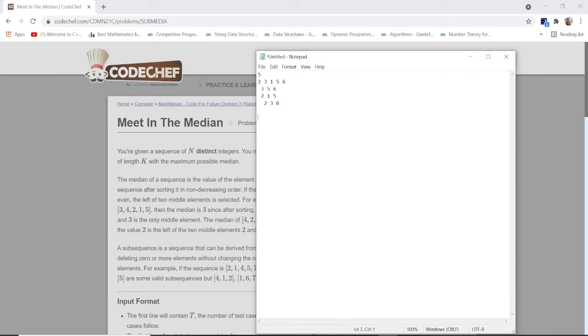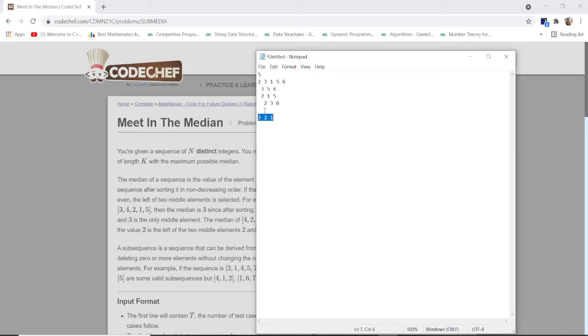Suppose I take 3, 2, 1. This is not a subsequence of this array because it is not maintaining the order: 3 comes after 2 in the array, but in this case it appears first, before 2, so this is not a subsequence. A subsequence must maintain the order. So I hope you guys get the point.